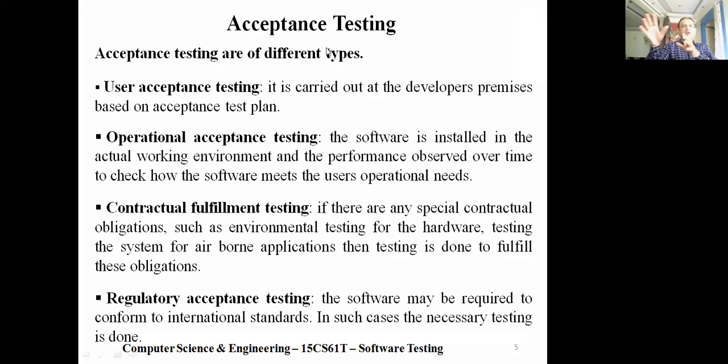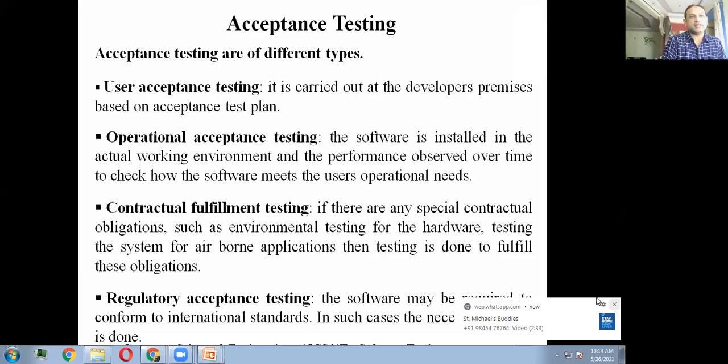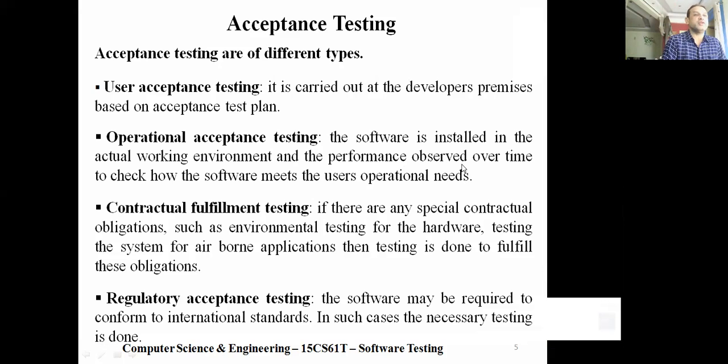Suppose you're developing it for a company or a supermarket. There you need to install the software and check whether it is working or not in the actual environment, and the performance is observed immediately after installing. You don't just execute it once and say it is working. You observe it for one day, or five days, or one week or two weeks.